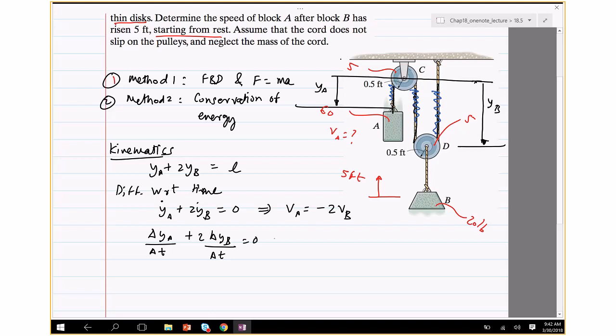If you cancel off delta t, you can say that the displacement of A equals minus 2 times the displacement of B.